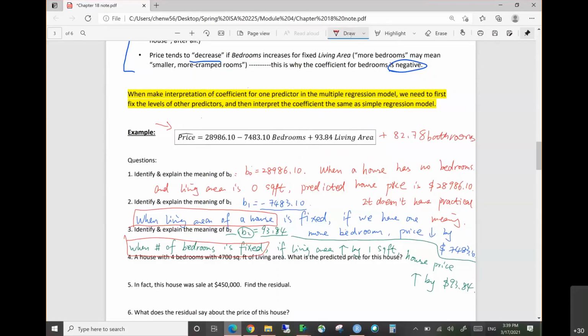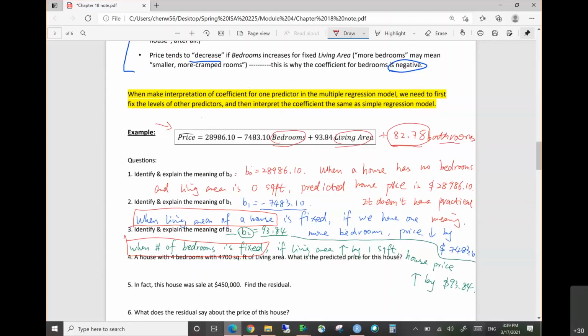All right, I just made up this number. Now how can you interpret this 82.78? That means when the number of bedrooms and the living area are both fixed, if you have one more bathroom, the house price will increase by $82.78.